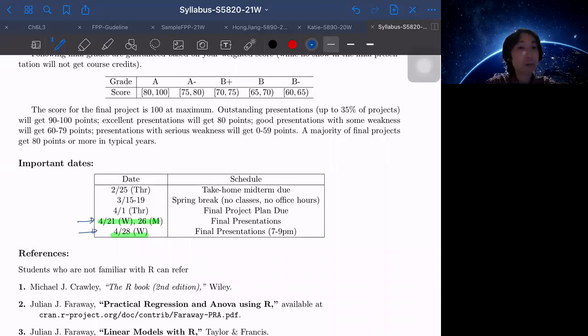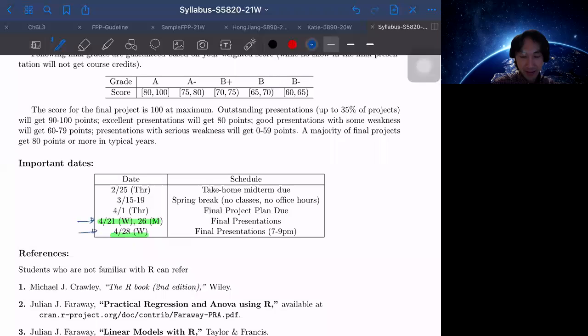Okay, so any questions? I think this is a very good experience for you because in mathematics you have to study a lot of things, and you don't really have a final project in many courses, even at the 5,000 level. But for applied statistics, you can learn methodologies, then apply them to real world problems.